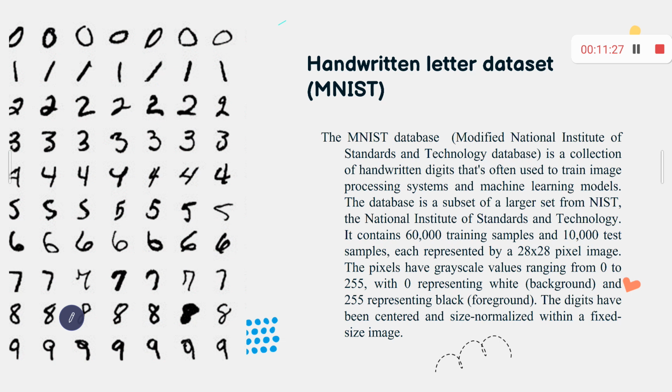We'll take one application, handwritten letter recognition, using the MNIST database. From that you can get handwritten letters. Every image is of the same size, 28 by 28 pixels in grayscale, and it is well centered and normalized.